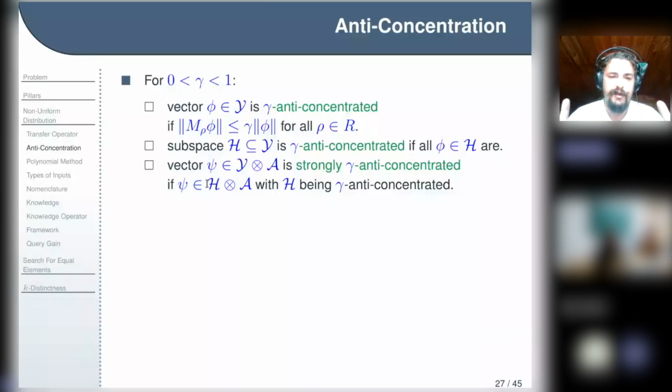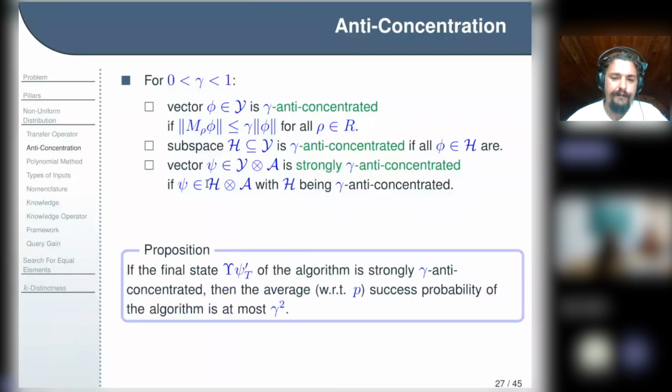But what we really have to think about is that this anti-concentration means that it is non-biased towards any particular output. So it's somehow smeared over all possible outputs. So if you're trying to guess any output, if you're in this state, you are unlikely to succeed. Okay, and so this proposition makes it formal.